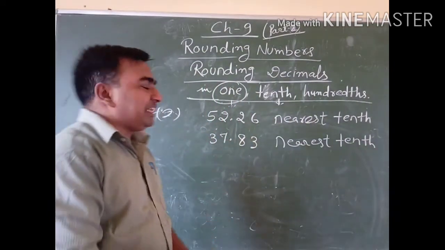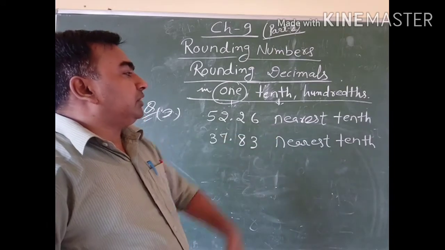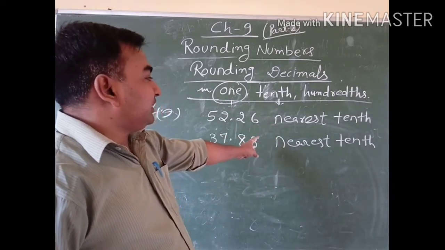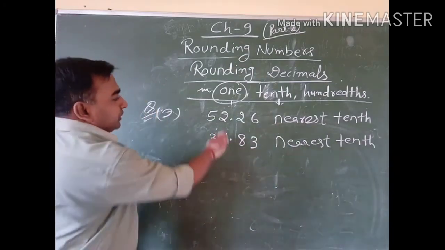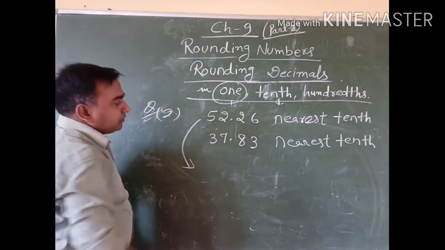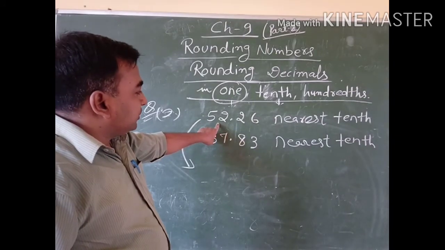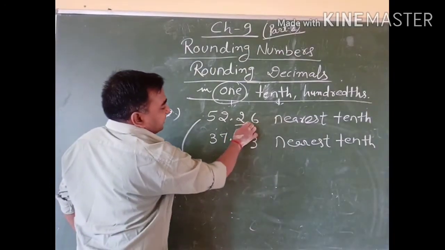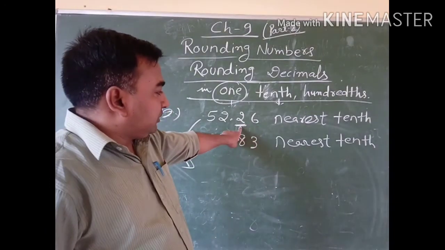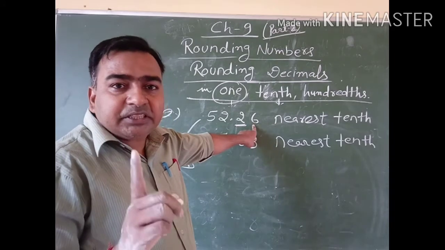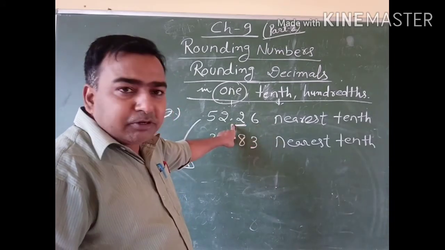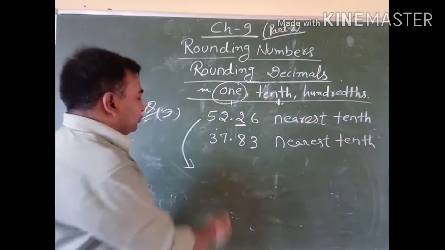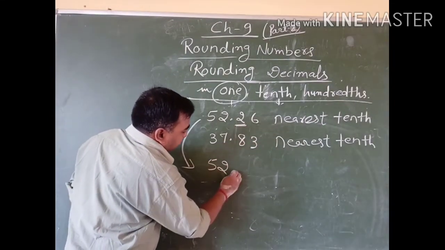I have written two questions and we change these numbers to the nearest 10th. So in question number 1, it is 52.26. You can see we read 10th, 100th in this way, always remember. In a decimal number the first digit is read as 10th, otherwise it will be wrong. So we will write 52 point.